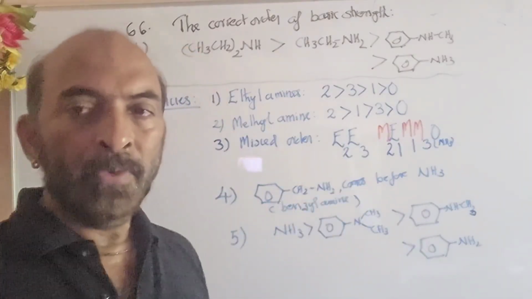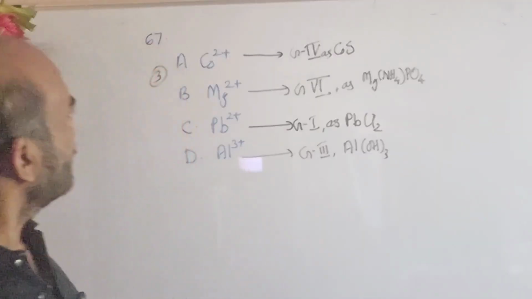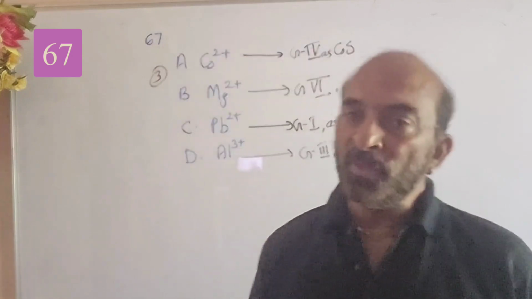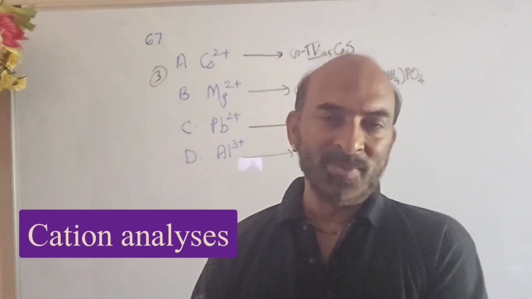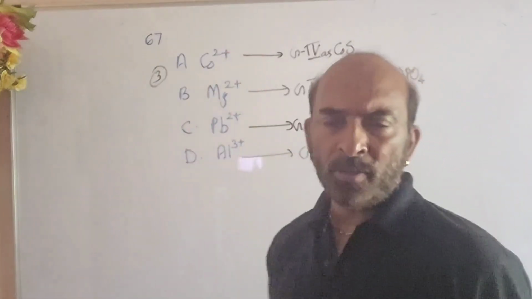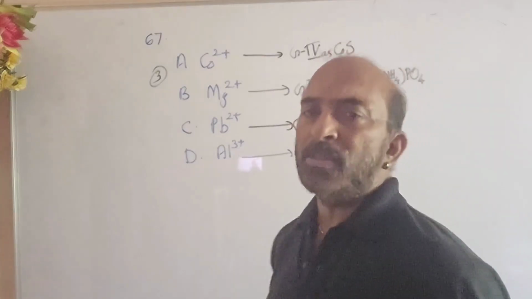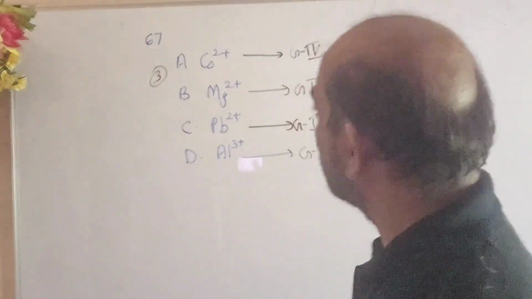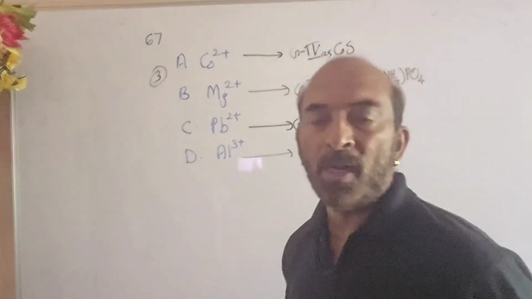Okay, we'll proceed. Now the 67th question is from the theory of qualitative analysis, from the practicals. You are given a set of cations and you have to identify in which group they get precipitated. The first one in the list is Co2+, the cobalt ion.